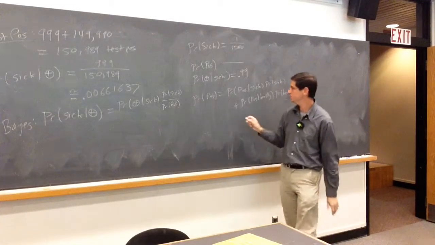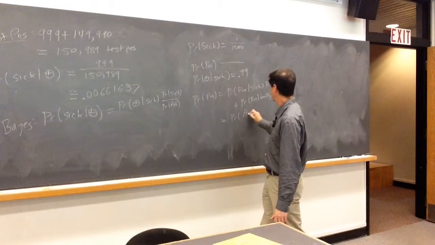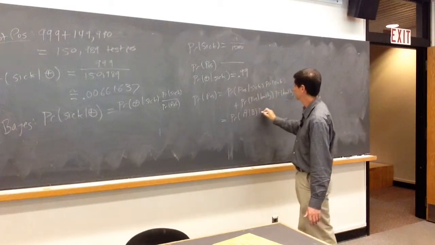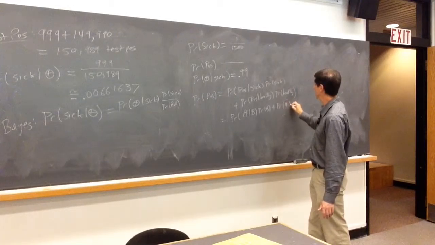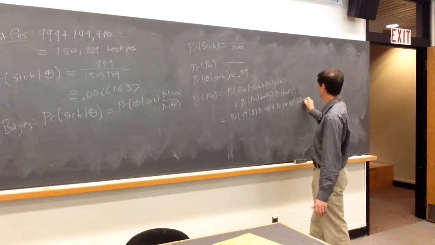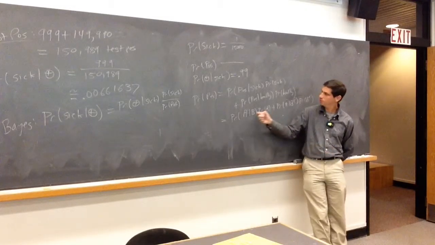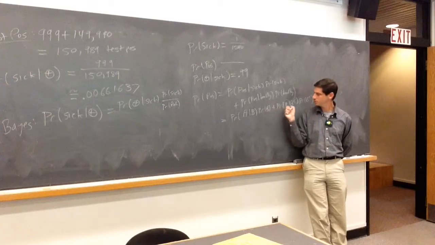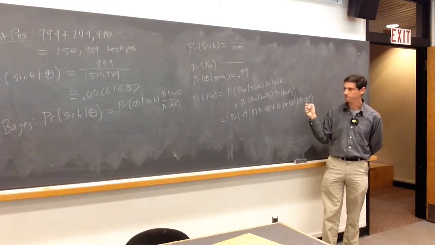If you want to do this in terms of notation, it's the probability of A given B times the probability of B plus the probability of A given B complement times the probability of B complement. The probability that I test positive given that I'm sick times the probability I'm sick plus the probability I test positive given that I'm healthy times the probability I'm healthy.